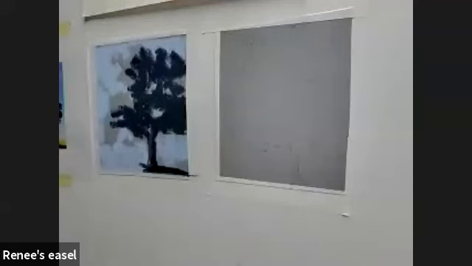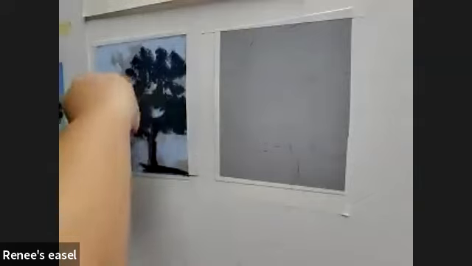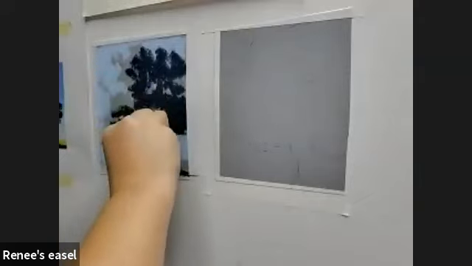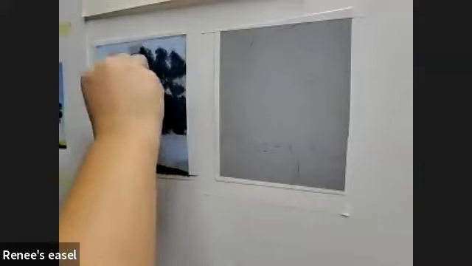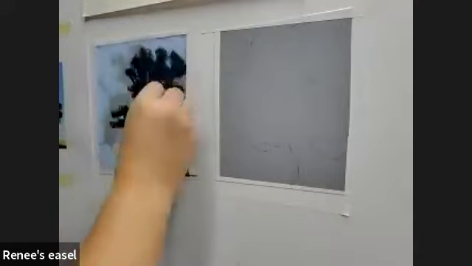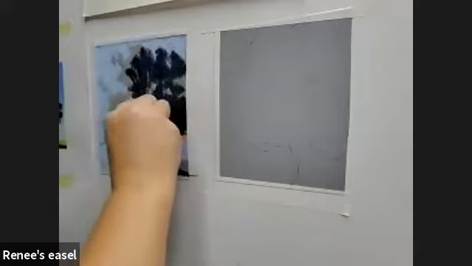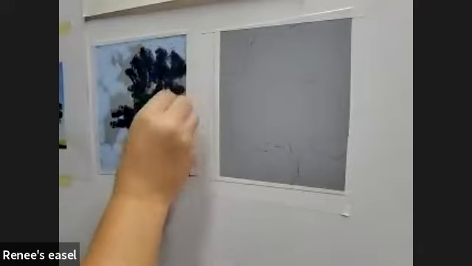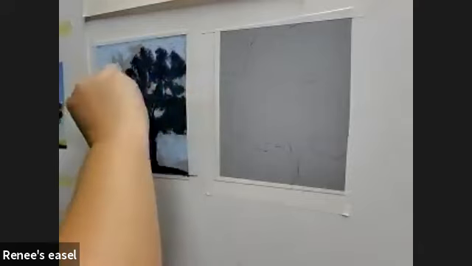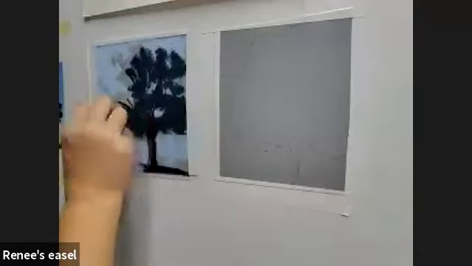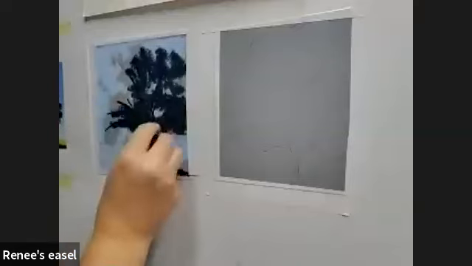I can go ahead and grab an eggplant, and before I go into the lighter values, I can put in some of the branches that you see, a little bit hinting here and there. There's a lot of branches that are visible in this particular tree, so I can start to kind of block some of them in.